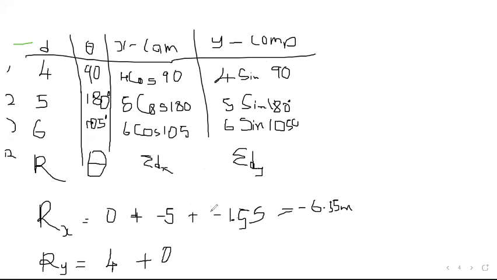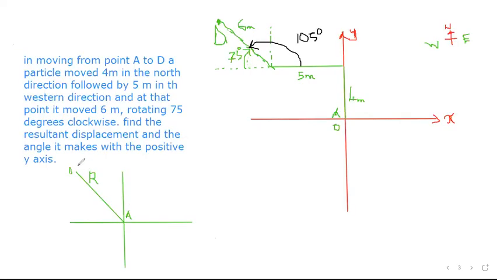Then 6 sine 105 is going to be positive 5.80. When we add these, we are going to have 9.80, which has to be in meters.